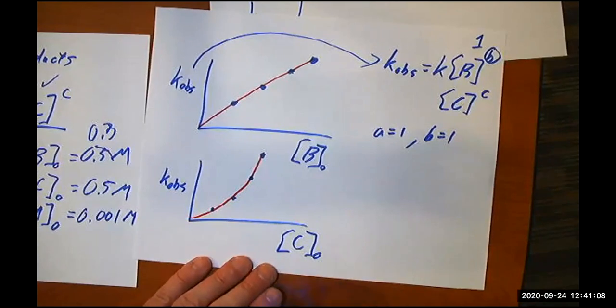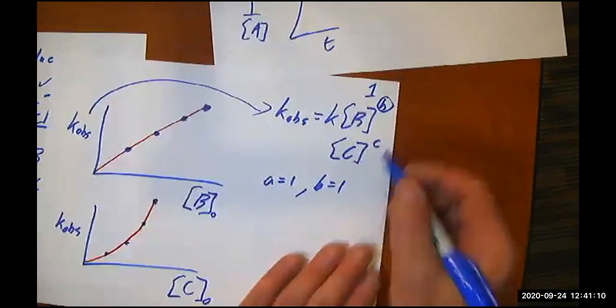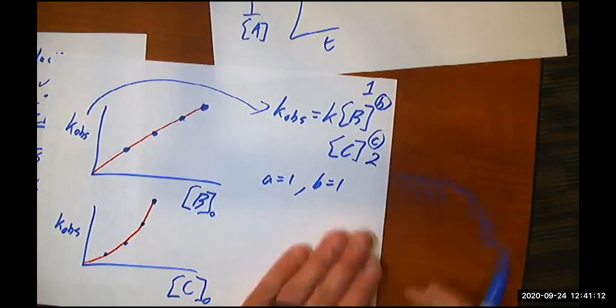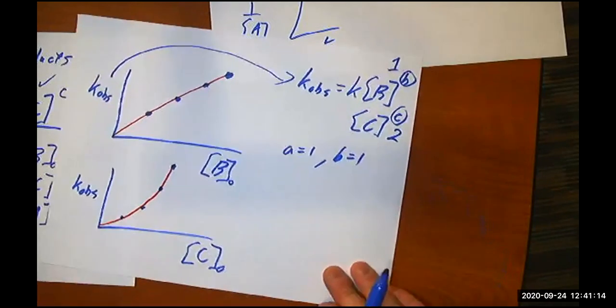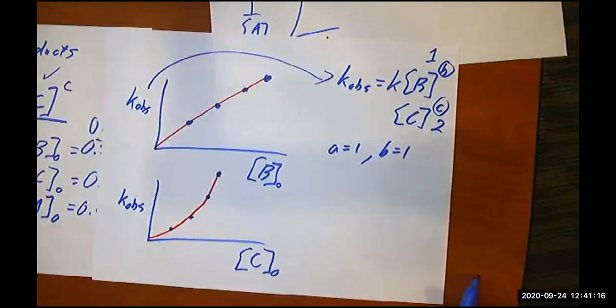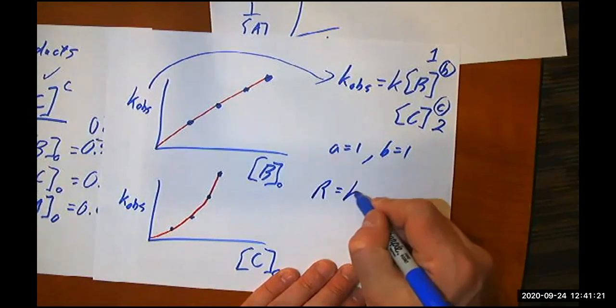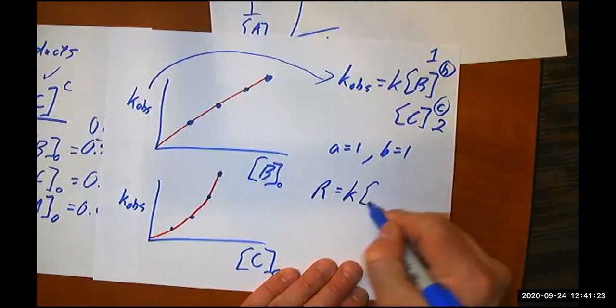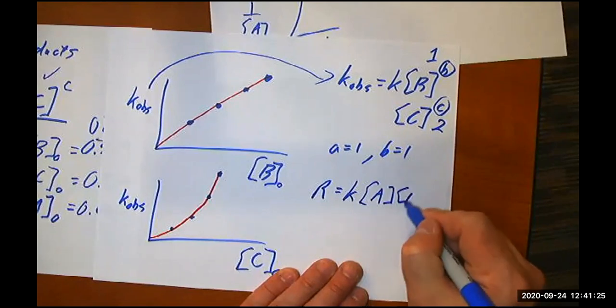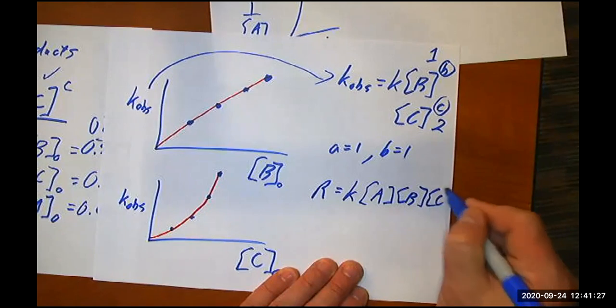If the experiment shows you that it's quadratic, then you now know that C is going to be 2. At that point, you now have your rate law. The rate equals K, concentration of A to the 1, concentration of B to the 1, concentration of C to the 2.